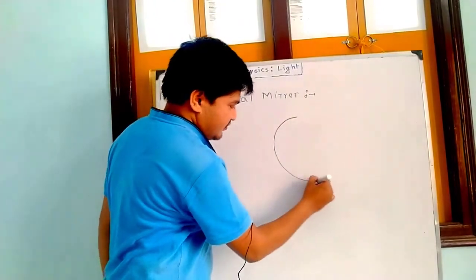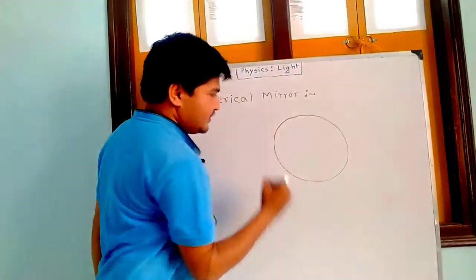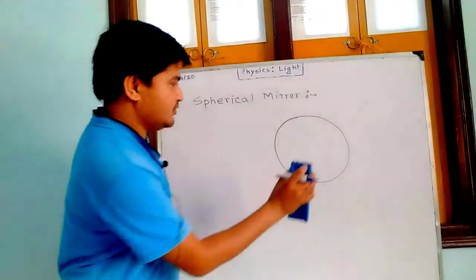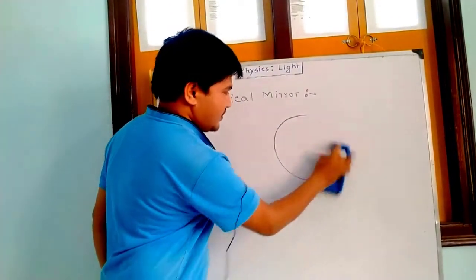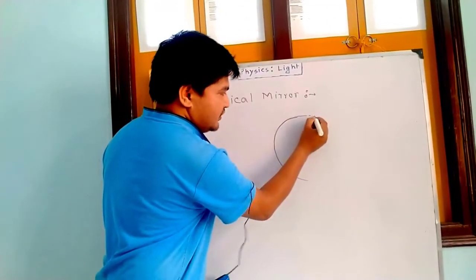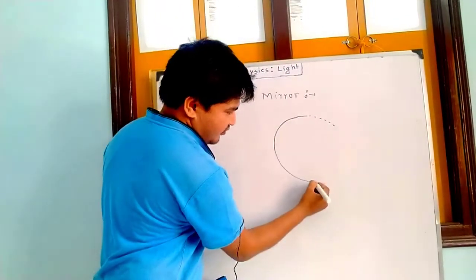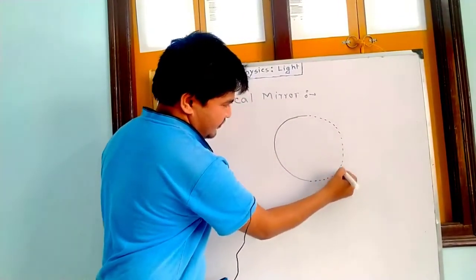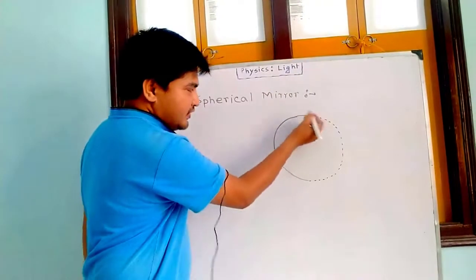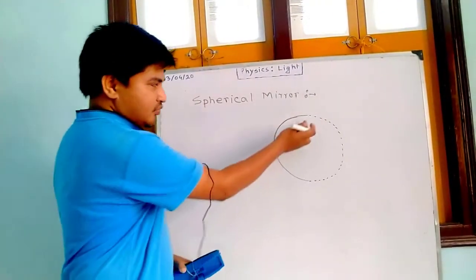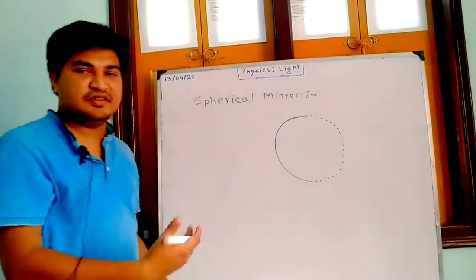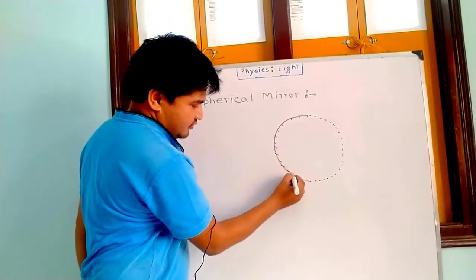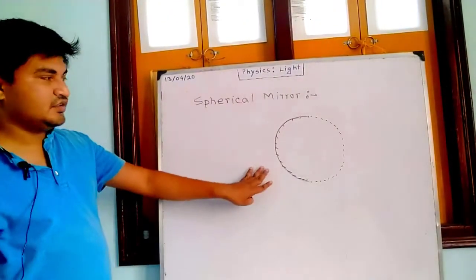Consider it as a glass sphere, and if we chop it in this way, then any one side of the remaining part, maybe the inner part or maybe the outer part, if polished, suppose the inner part is polished, then this is called a spherical mirror.